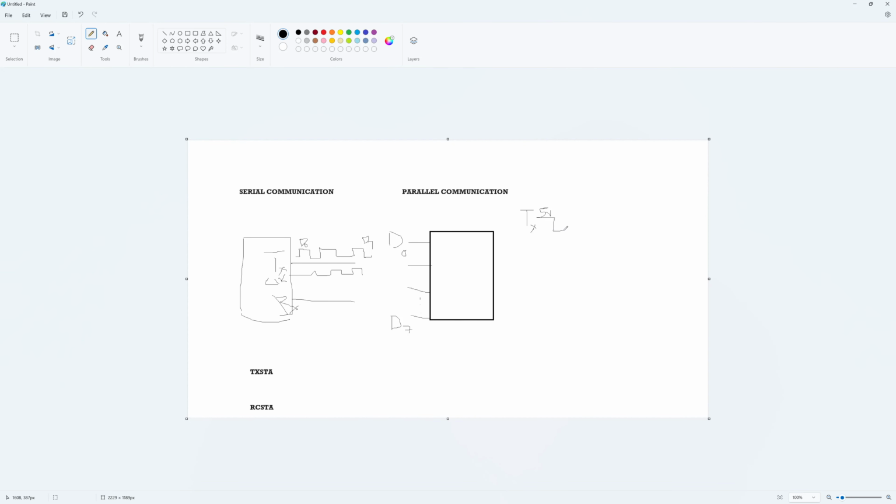Then the start bit is a high to low transition of that particular pin. This is called the start bit.